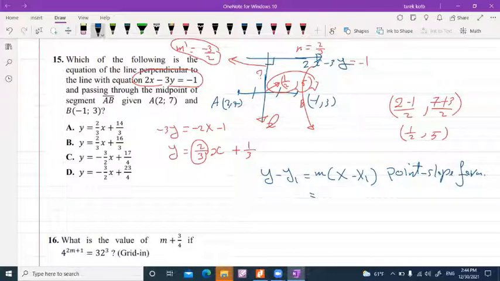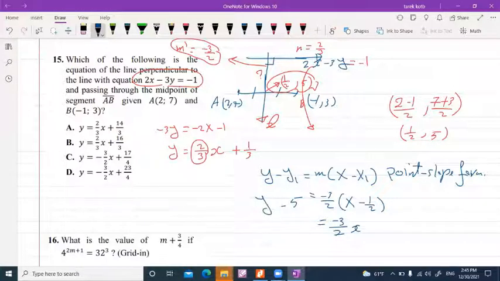How can you use it? Replace the m by negative 3 over 2. Keep the x, keep the y, replace the y1 and x1 by the coordinates of the point. This is x1, y1. x1 equals half, y1 equals 5. And now simplify this equation. It will be negative 3 over 2 x.